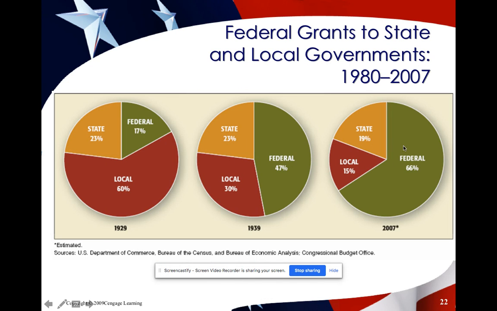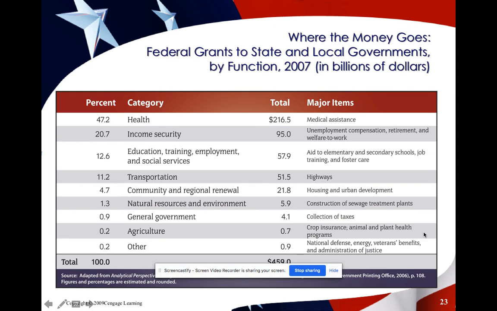So if you look at it here, the federal percent of the budget now on spending has gone from 17% in 1929 to 66%. So state and local governments are increasingly reliant on federal grants to fund their budgets. Where does a lot of this money go?